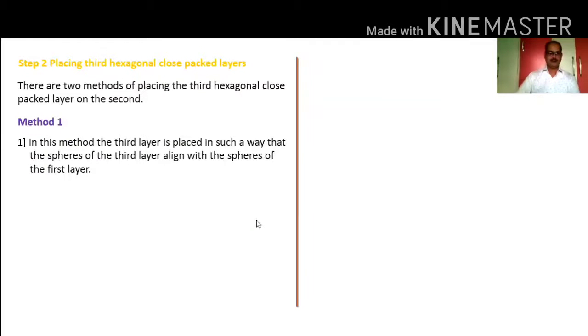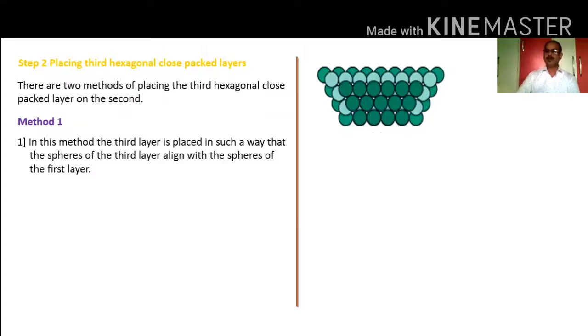See the first method. In the first method, the third layer will be placed on the second layer in such a way that every sphere of the third layer will align with the spheres of the first layer. Means the third layer becomes identical to the first layer and it will look like this.